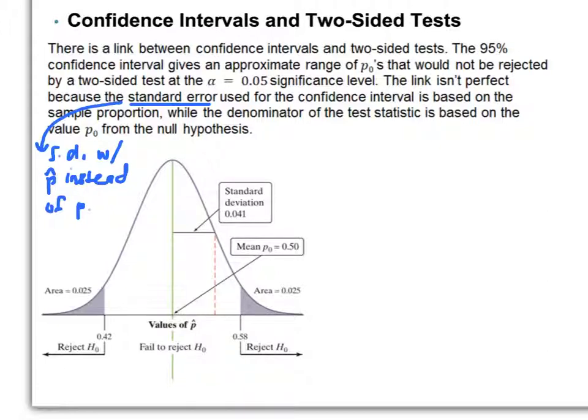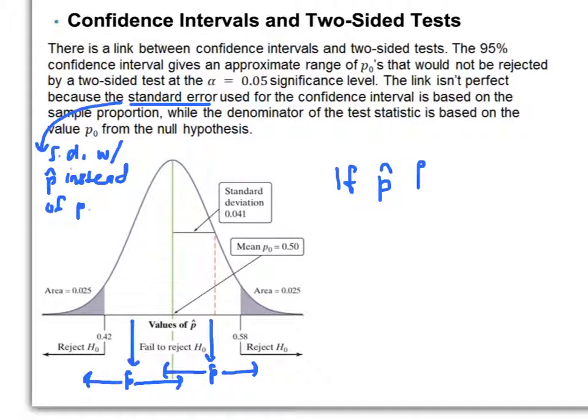Basically, what happens when you do this is if you get a value of p hat in your sample that falls in the fail to reject range, then your confidence interval will contain your null hypothesis level. Okay?